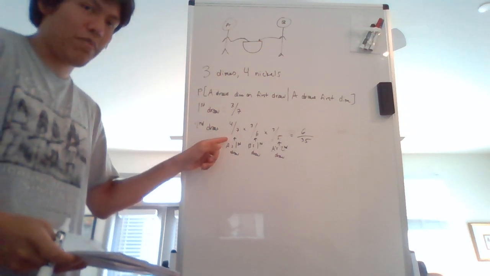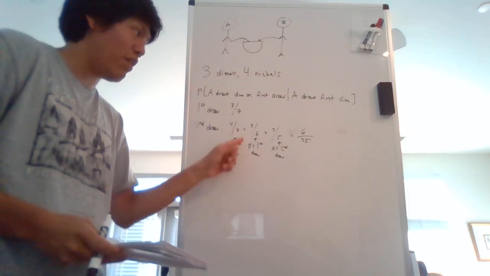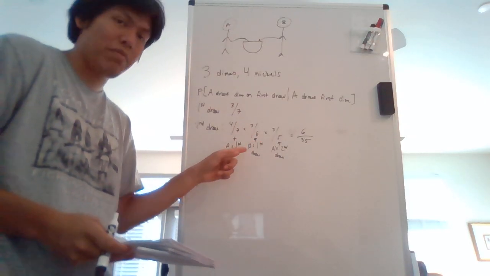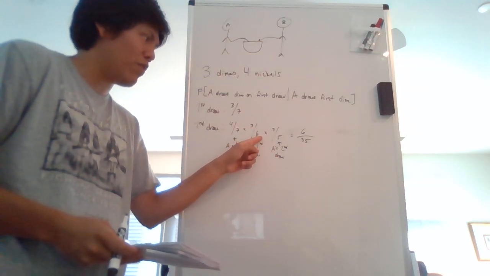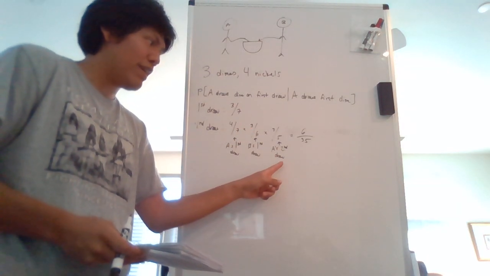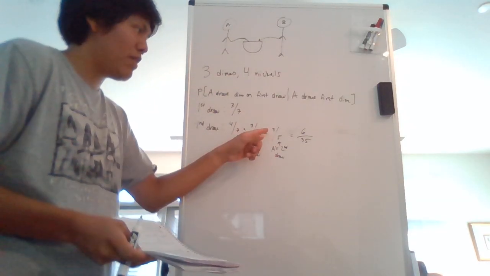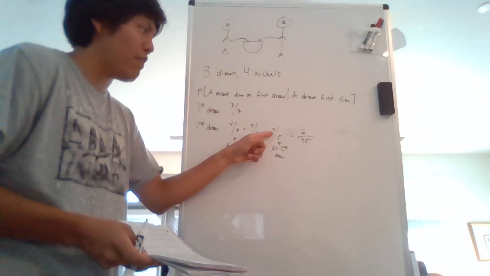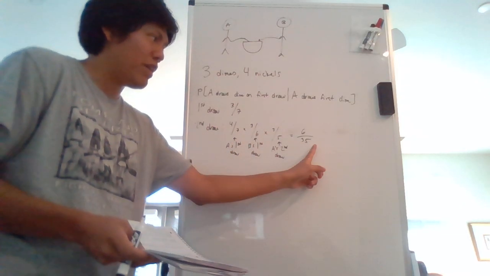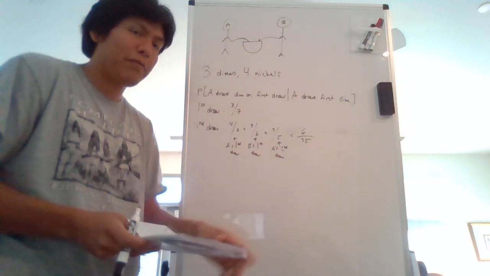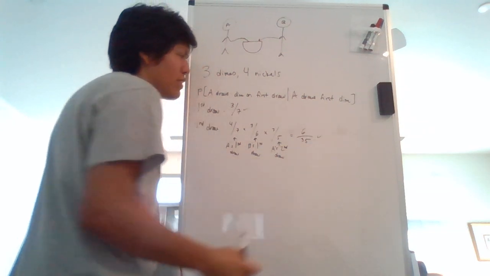That's a 4/7 probability. B's first draw, they also grabbed a nickel. That's a 3/6 probability: 3 nickels left and 6 total coins left. A's second draw, they finally grabbed the dime. So that's times 3/5. There's 3 dimes left, and there's 5 total coins left. You multiply it, and it's 6/35. All right. So we have this, and we have this.